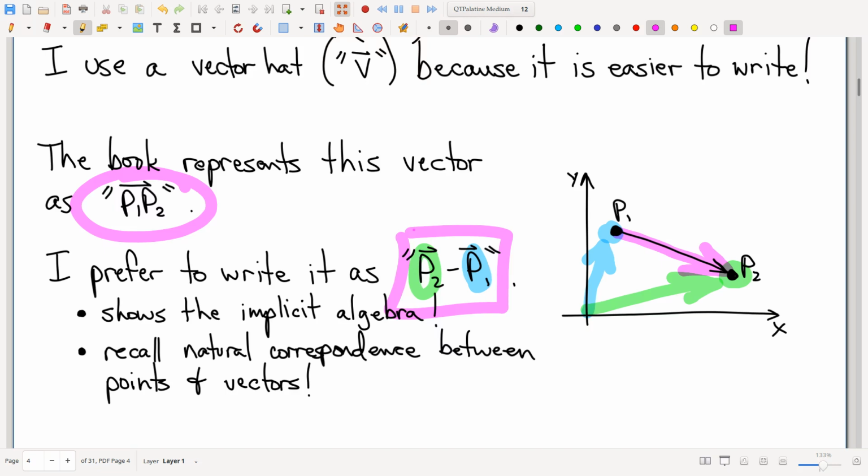Why in the world would we want to hide the algebra? Algebra is our friend. I like to write it in a way that makes the algebra visible because I like to be able to relate problems that I'm looking at to algebra so I can solve problems. So I basically universally use this notation right here. You may do as you will, but this is much more useful in practice, in my opinion.